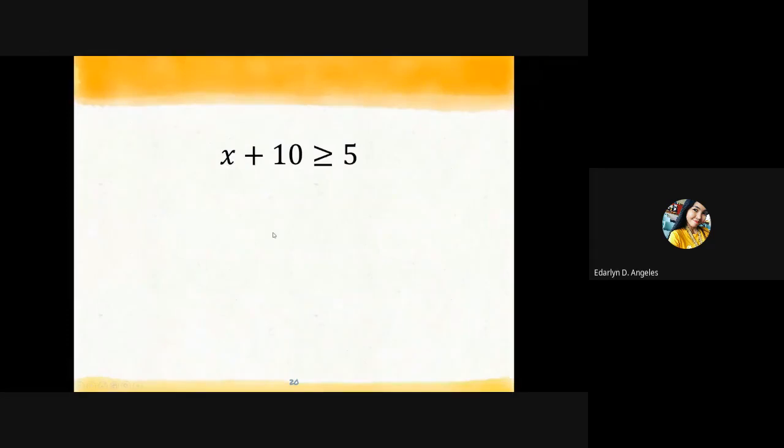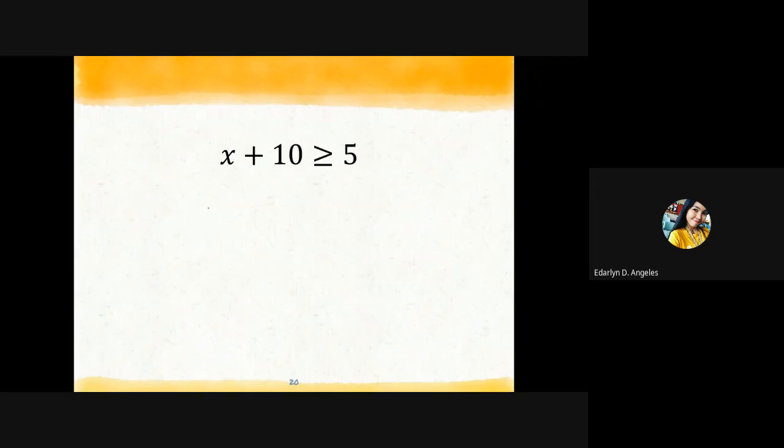Alright. So we have here x plus 10 is greater than or equal to 5. To solve this one, we need to use the addition property of inequality.